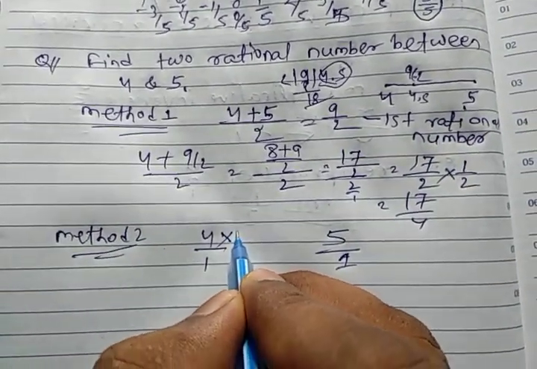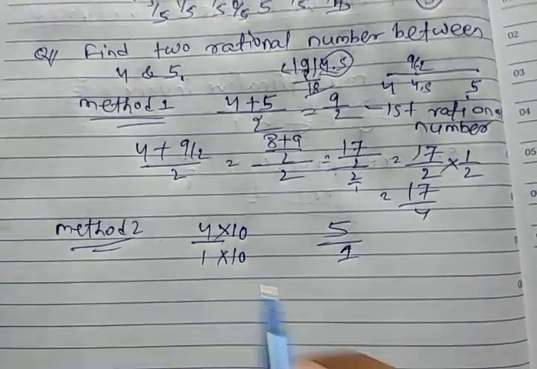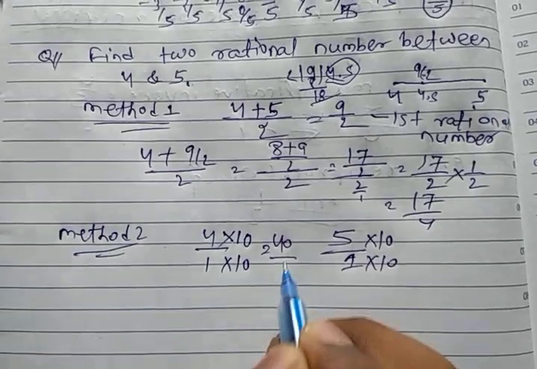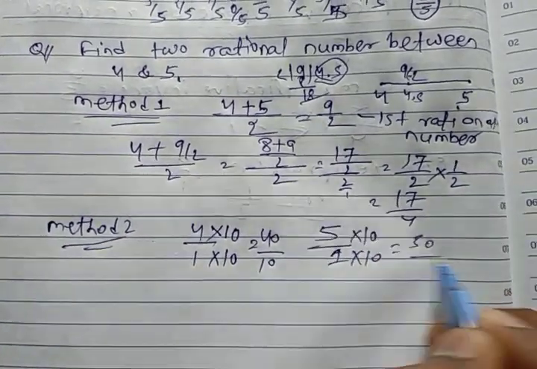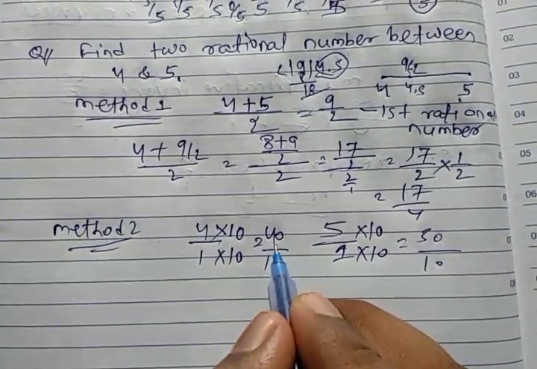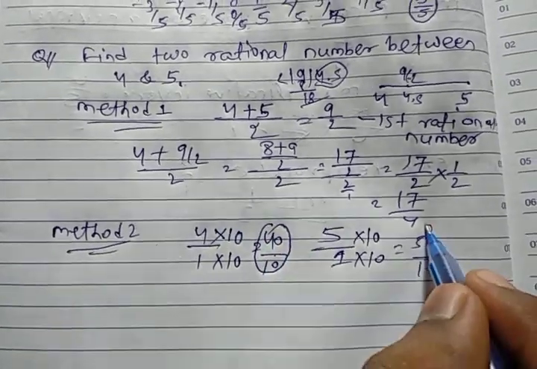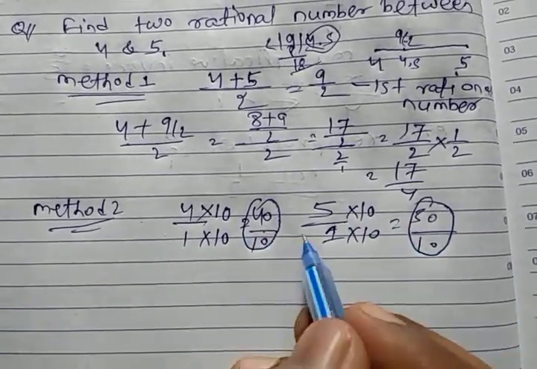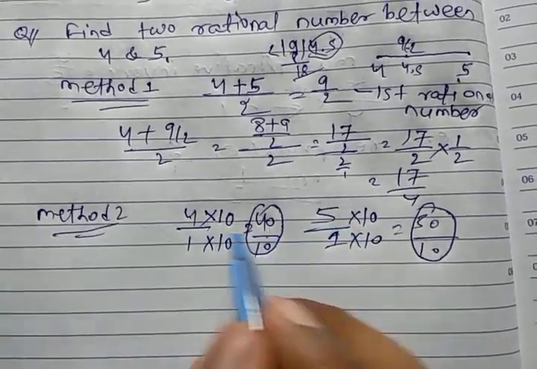Here I multiply by 10, and here also 10, the same number. This becomes 40 by 10 and 50 by 10. When we cancel, we get the same previous numbers, 4 and 5.